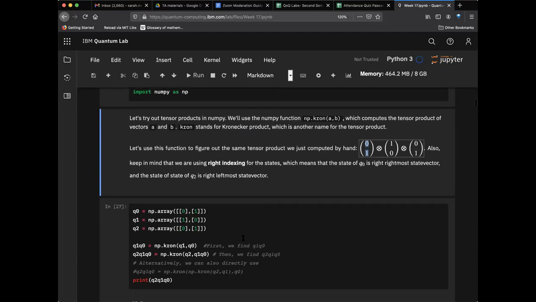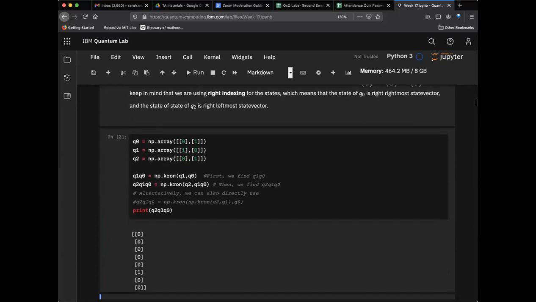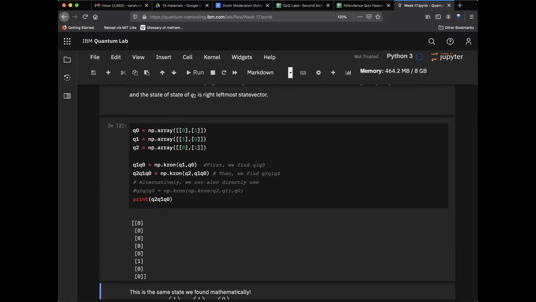In this case, we did Q1 times Q0 and then Q2 times the Q1, Q0 result. So we did the opposite of what we did in the slides, where we did Q2 times Q1 and then Q2, Q1 times Q0. I didn't write the slides, so I don't know why it was written that way. But we can just run it. And we can see even though the order of operations was different, we still got the same result.